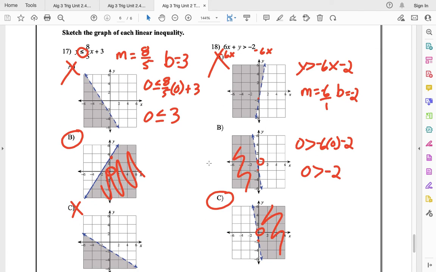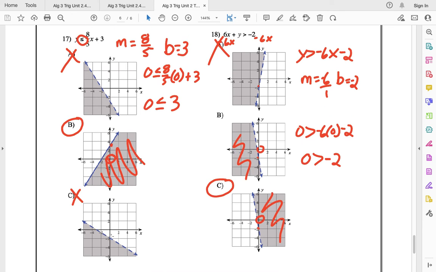For number 17 and 18, they're inequalities. With inequalities, we're going to graph them just like it's an equation. So start at 3. We're going to go up 8 over 5. Now for this one, since it's equal to, it should be a solid line. There's actually only one of these that has a solid line here, but I want you to understand because I'm going through the review. So it's a solid line and we have to know where to shade.